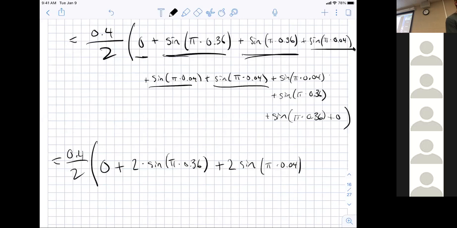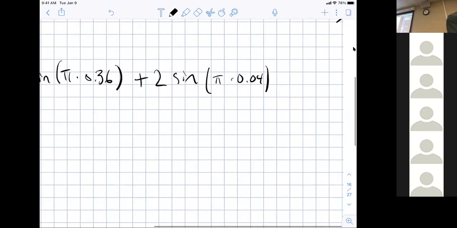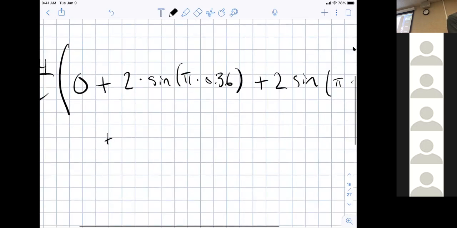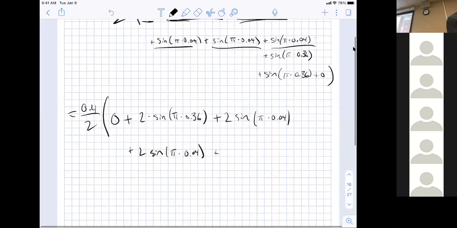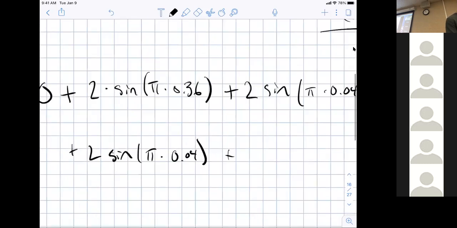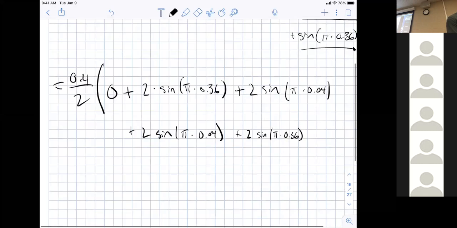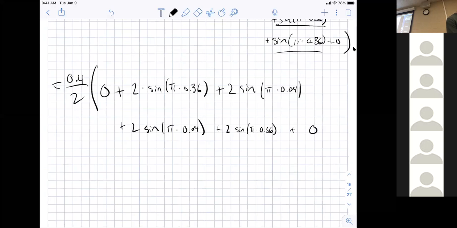Plus another 1, 2 sine of pi times 0.04s. Plus another 2 sine of pi times 0.36s. So plus 2 sine of pi times 0.36. And then lastly, plus a single 0.